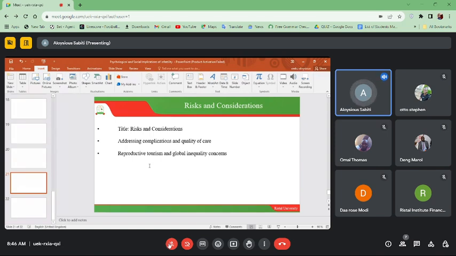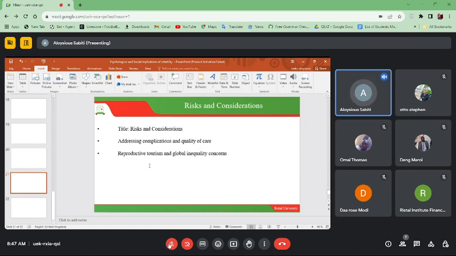So some of the risks and considerations: we need to address the complications and the quality of care. We know that there are complications in doing this. There's technology, you need to do this, you need to do that. There are quite a lot of complications in there, and they are quite a risk.